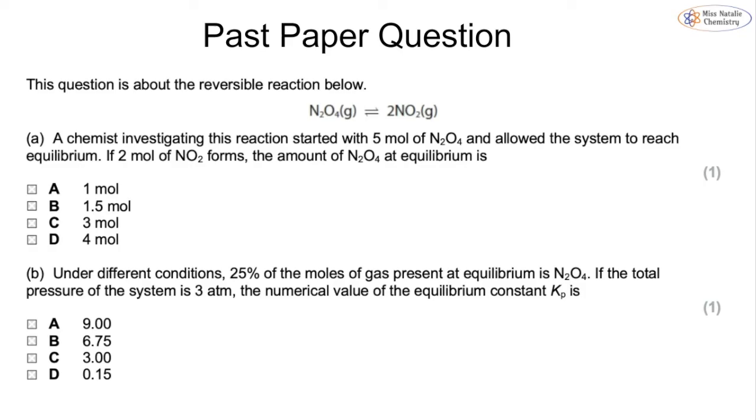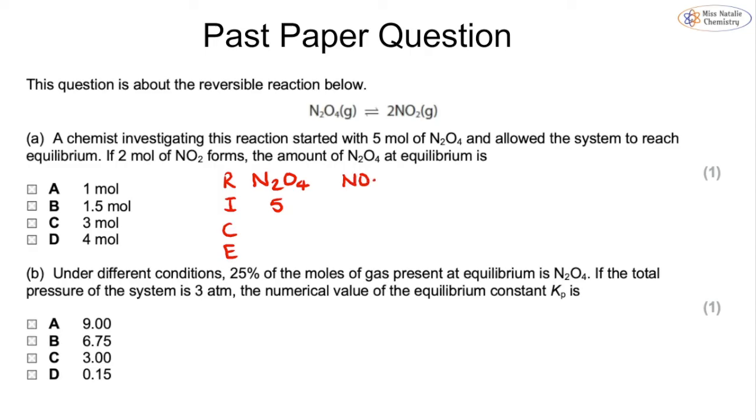We now have this reversible reaction below, so this is our usual one that we've seen multiple times now. So the dinitrogen tetroxide, or N2O4, being in equilibrium with 2 moles of NO2, or nitrogen dioxide. And a chemist investigating this reaction started with 5 moles of the N2O4. So my initial was 5.